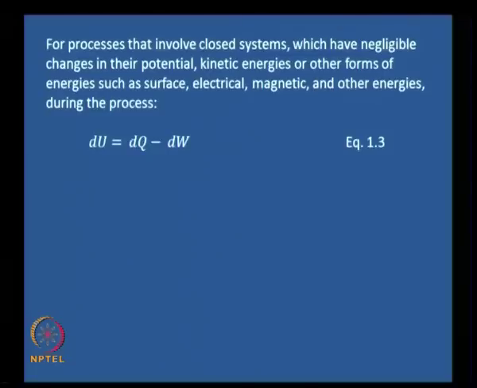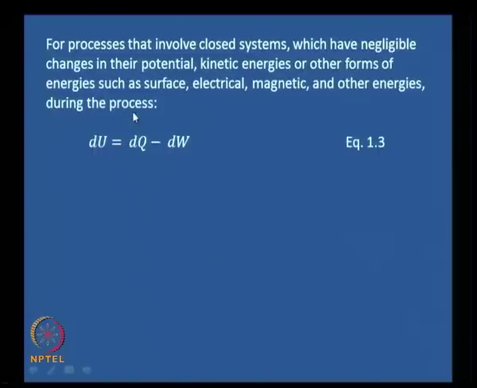For processes that involve closed systems which have negligible changes in the other types of energies such as potential energy, kinetic energy, surface energy, electrical energy, magnetic energy, and many other types of energies, or in other words there are only some types of energies that are relevant here, the other things are not relevant.